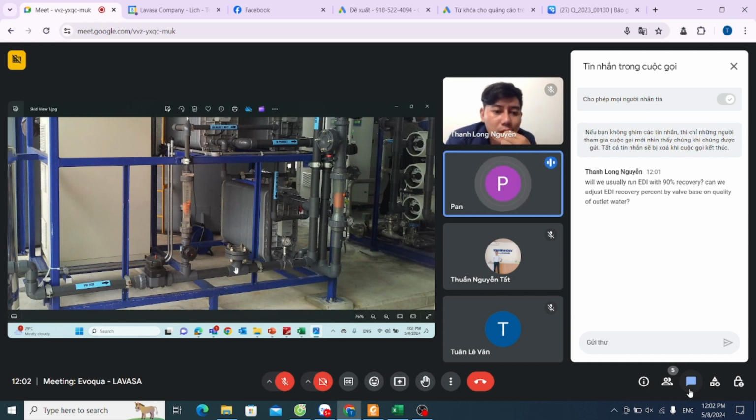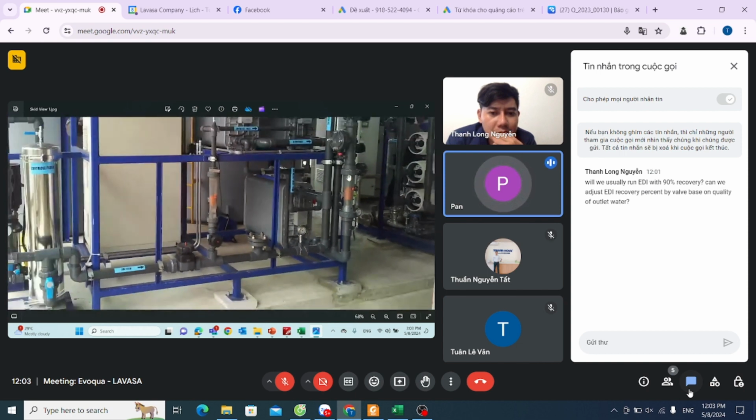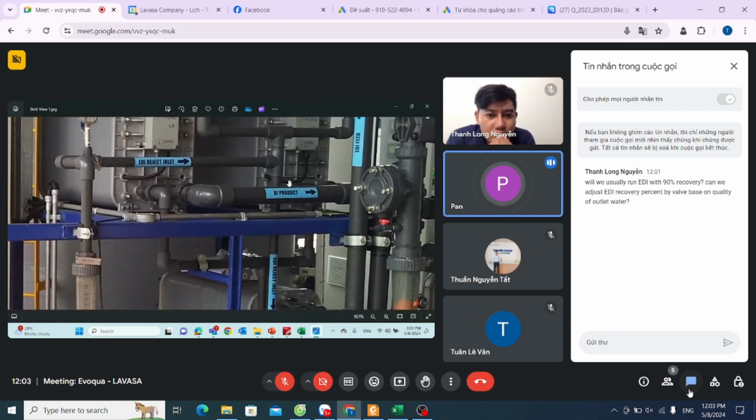It all splits into 3, and the main pipe goes into the top. Here is the CIP port. If they want to do CIP, I close the valve and put in the chemical here, and it goes into all of the modules. The product comes from the bottom, and here is the product flow meter.